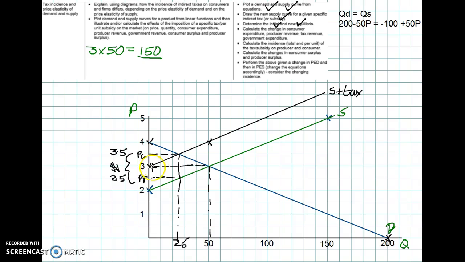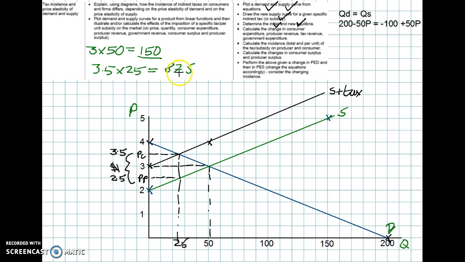So now we need to work out how much consumers now spend. Okay, what's been the change? So we just go 3.5 times by 25, and that gives us 87.5. Okay.